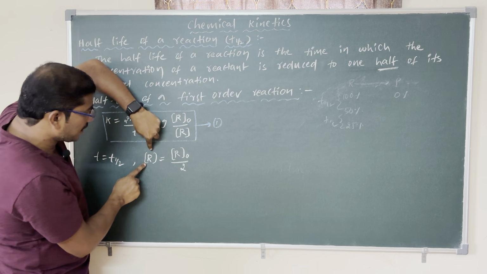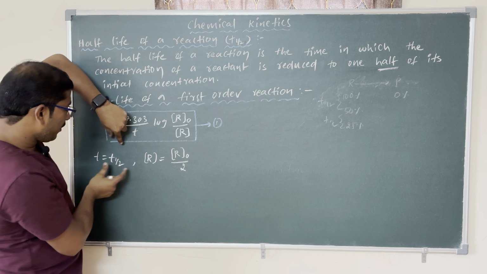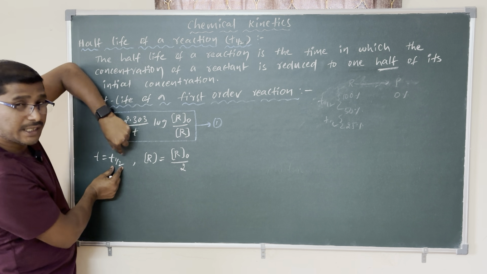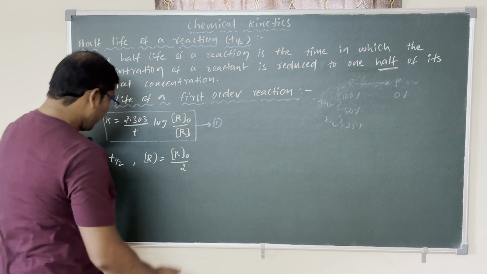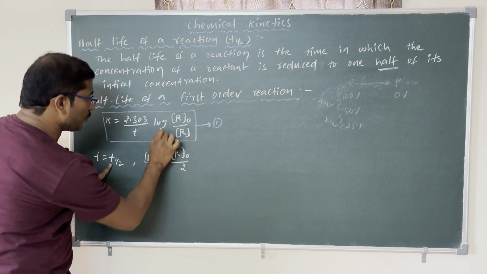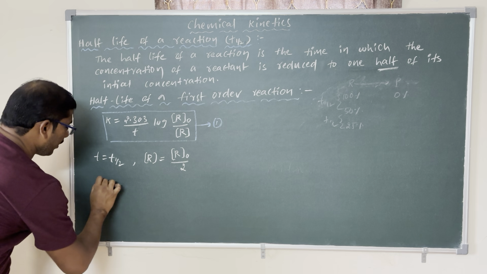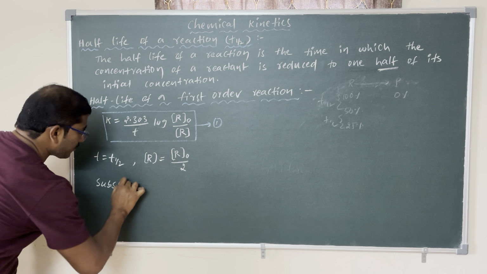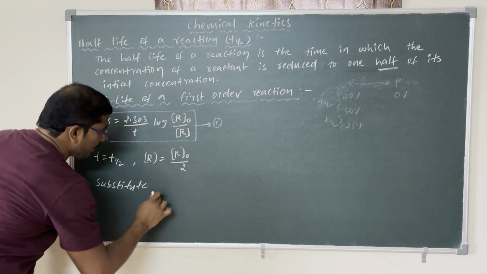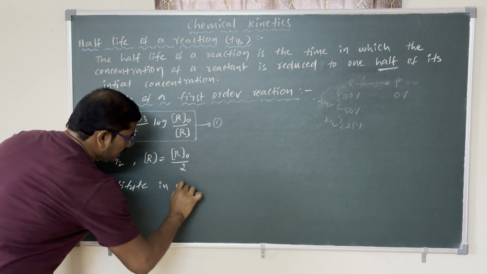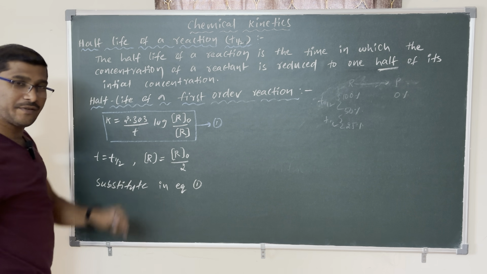The half-life of a reaction means the initial concentration is reduced to half, and the time taken for that change is known as T half. Now I am going to substitute these two in equation 1.